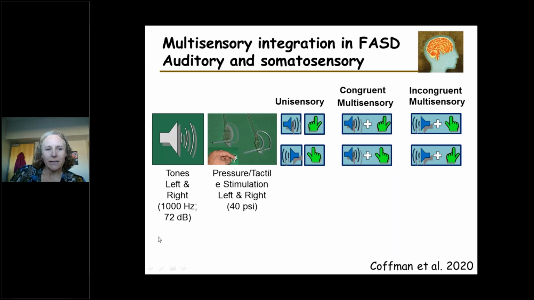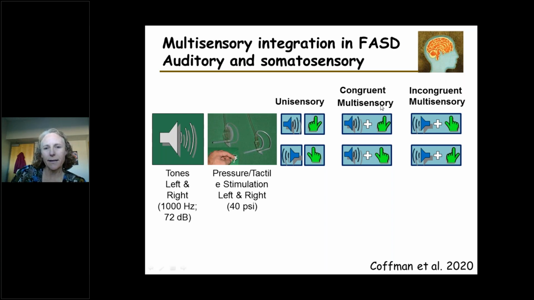So this is just a picture of the experimental design. We presented auditory stimuli to left and right ears separately, and then we had these little air puff devices that were attached to the finger. This is just a tactile stimulus to the left and right index finger.